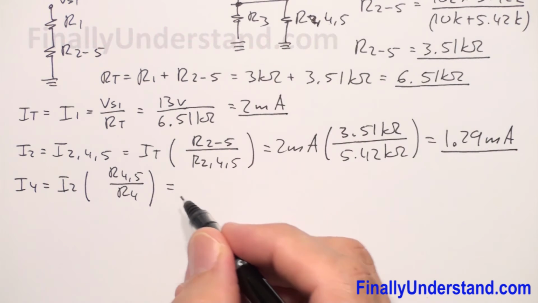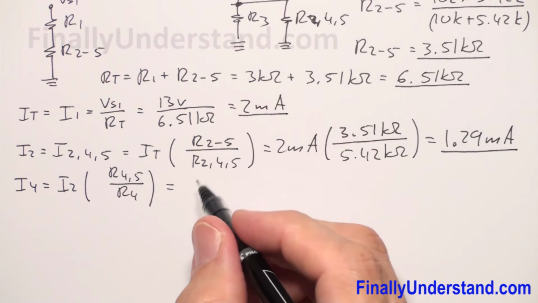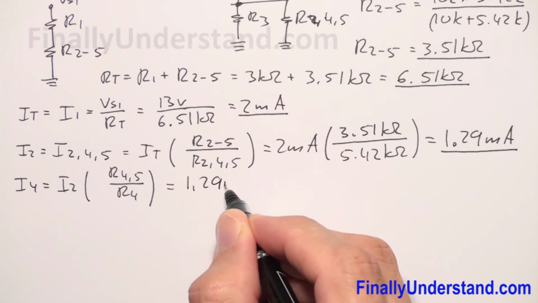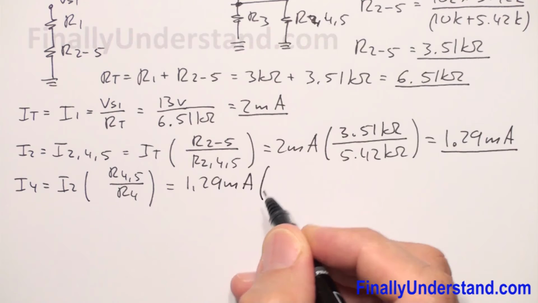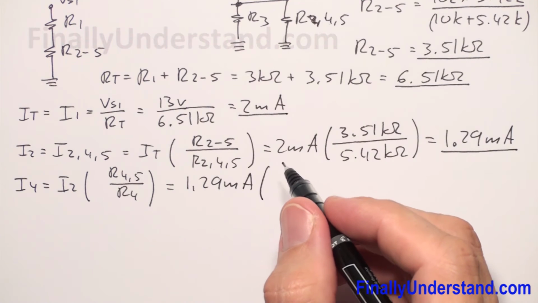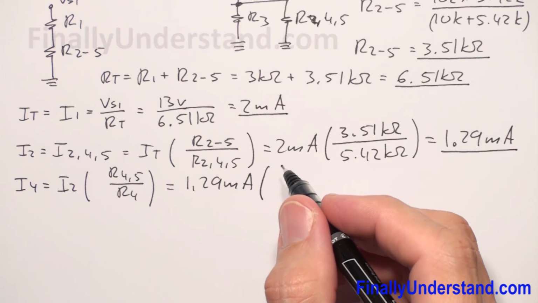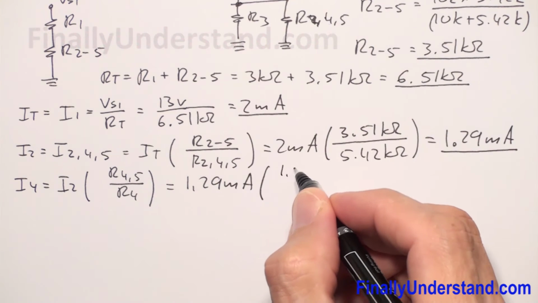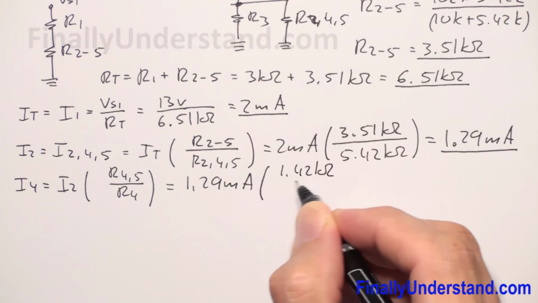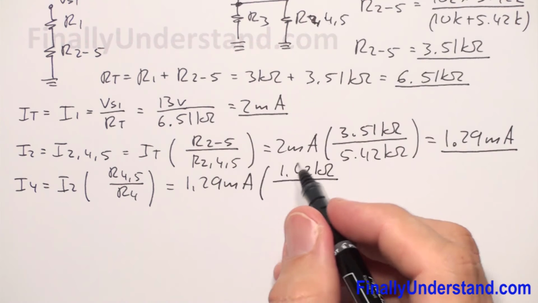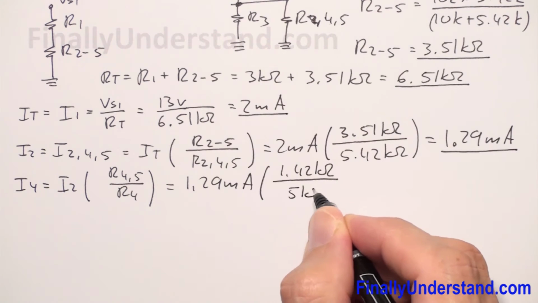Okay, so I2 is equal to 1.29 milliamps times R4-5, and R4-5 we found is equal to 1.42 kilo ohms, over R4, which is equal to 5 kilo ohms.